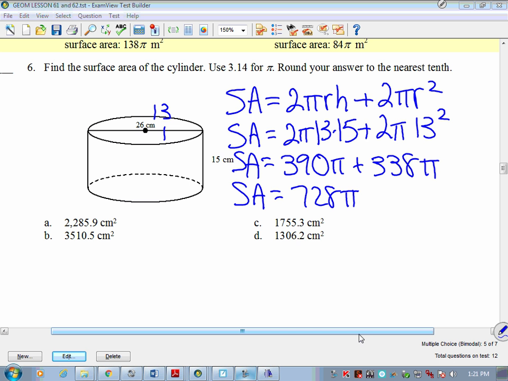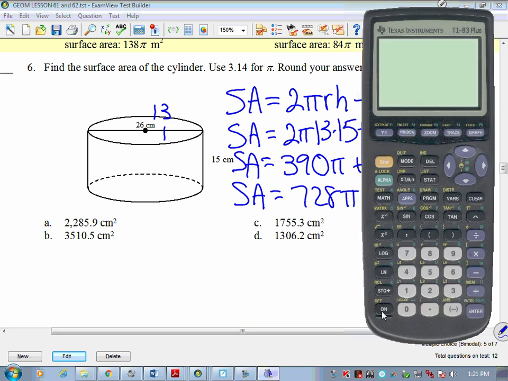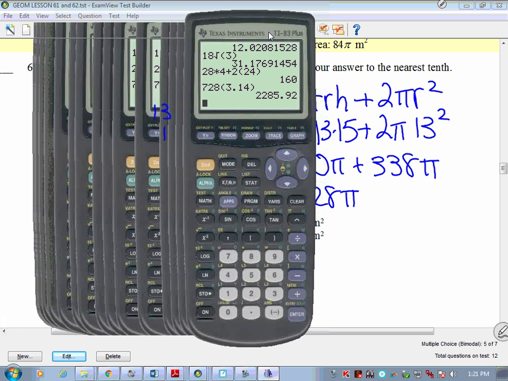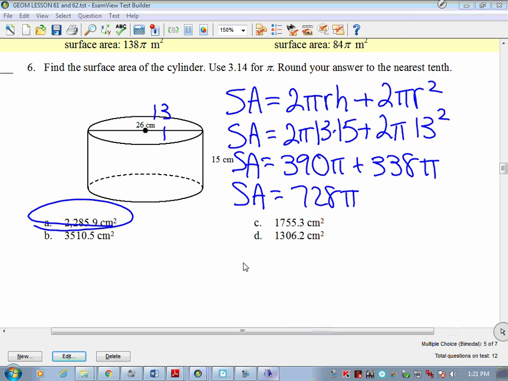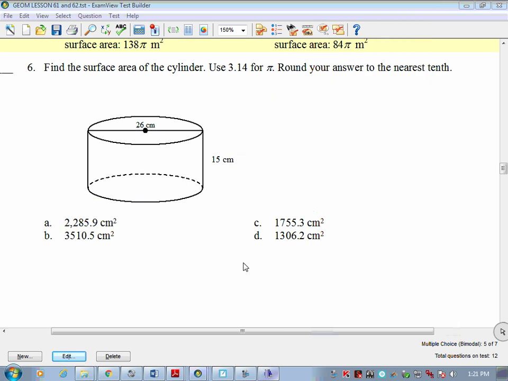We're going to substitute in 3.14 for that. 728 times 3.14 is going to give us a close estimate of 2,285 centimeters squared, which is what we see for our answer, which is A. That is number 6.